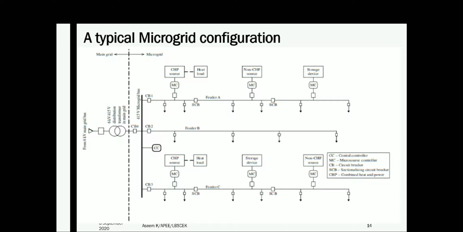Feeder A is connected with priority loads. If any fault occurs, you can disconnect the entire microgrid from the main grid and keep feeders A and C in operation, and feeder B can be disconnected through circuit breaker CB2.